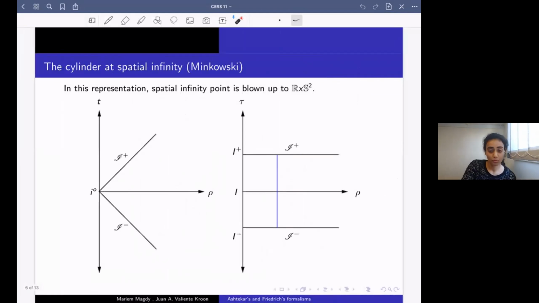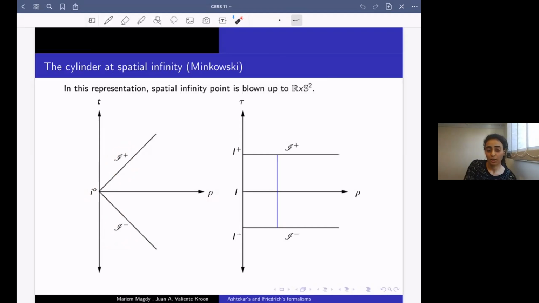Then, to go to the construction of the cylinder at spatial infinity, I'm not going to go into the details of the construction. However, I'm going to look at a graphical representation of the point compactification compared to the cylinder at spatial infinity. Here we have the ρ and t plane, and the spatial infinity point is brought to the origin. We have the usual null boundaries, future and past null infinity.